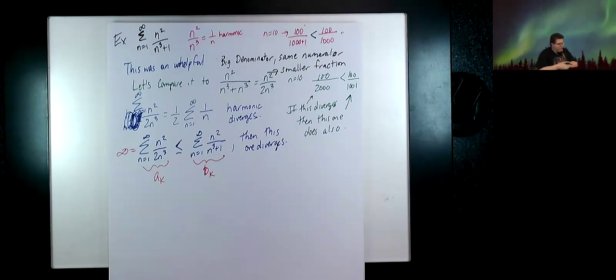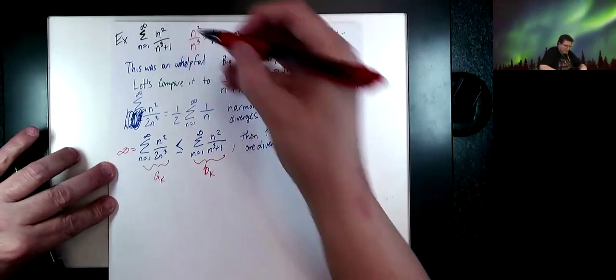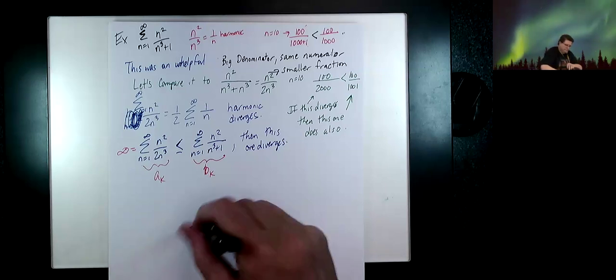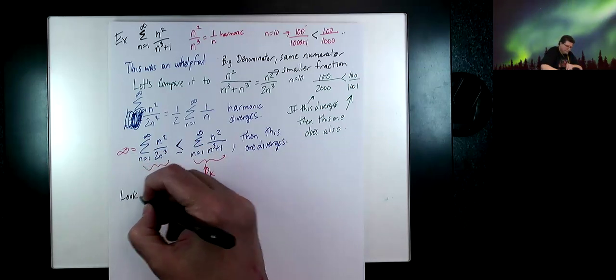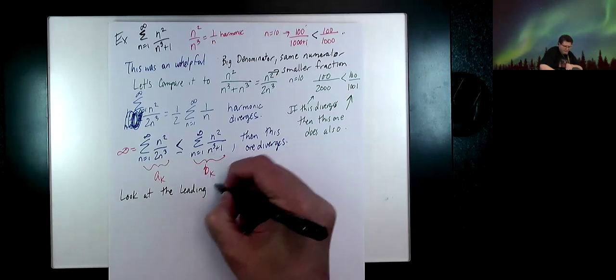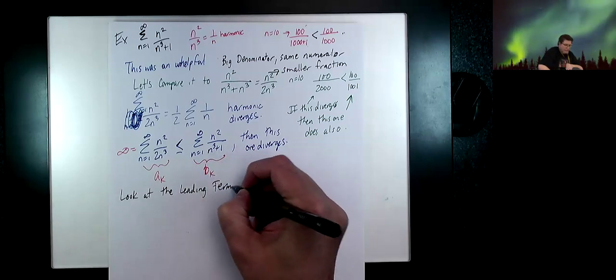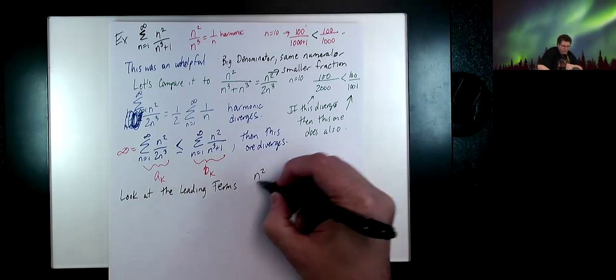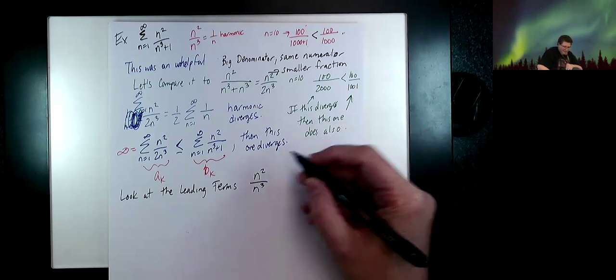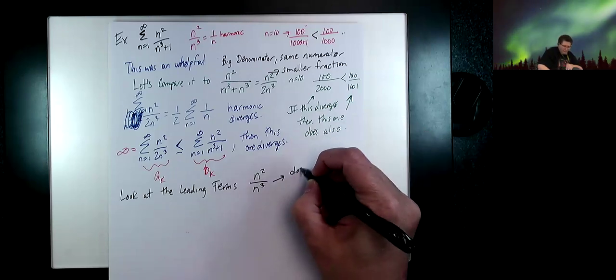Sometimes just looking at the first two can give you an intuition. Look at the leading terms, which is what I started with, the n squared and the n cubed, doing something around this.